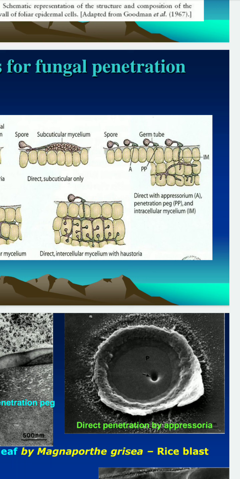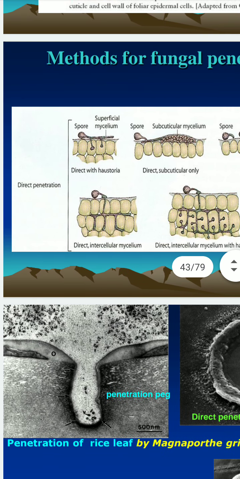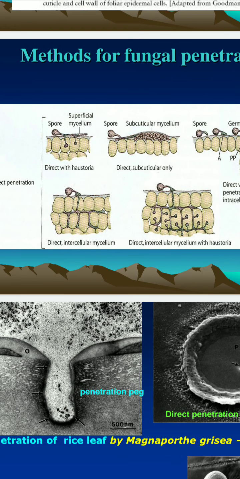It is not going inside the cells; it is placing itself in the intercellular spaces, forming haustoria and remaining there. This diagram also shows the presence of mycelium in the intercellular spaces, and the last diagram shows the mycelium in the intercellular spaces with haustoria.